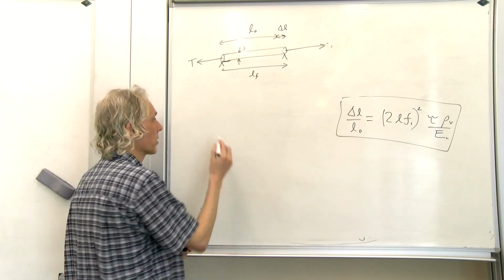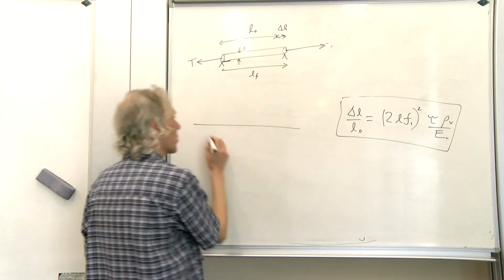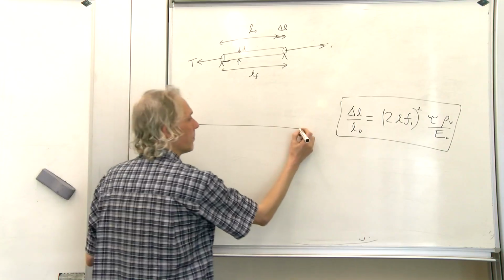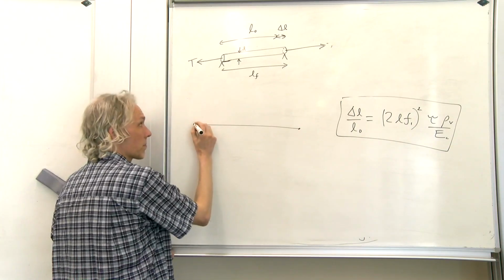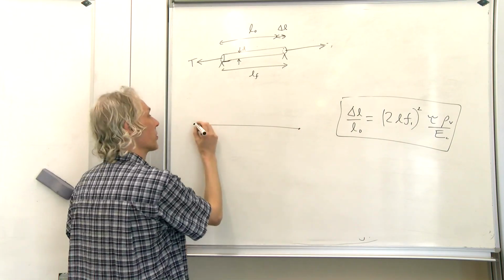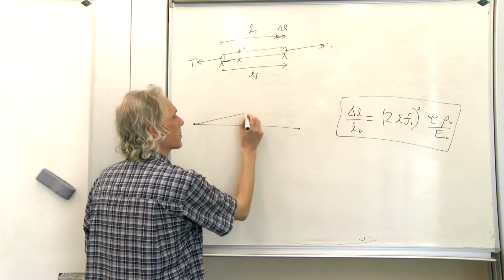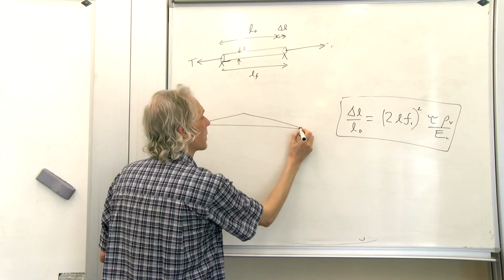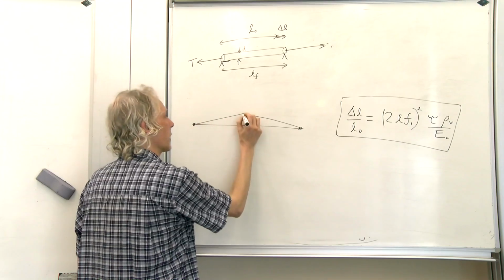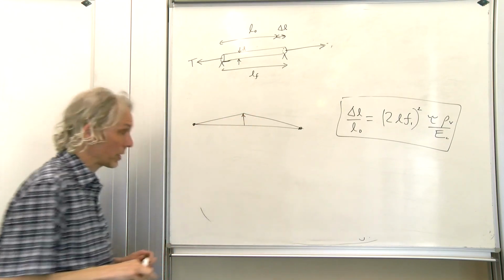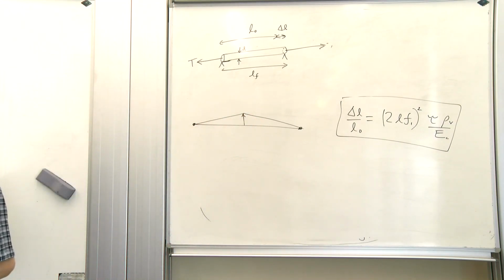So say we've got our string, and our string initially is a straight line between the bridge and the nut. We take the string and we bend it onto the 12th fret, and it's going to be bent upwards by a certain distance.